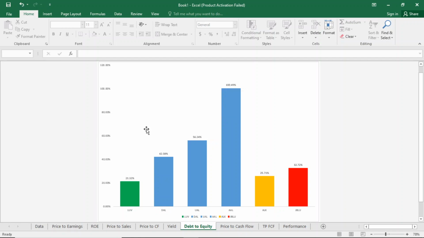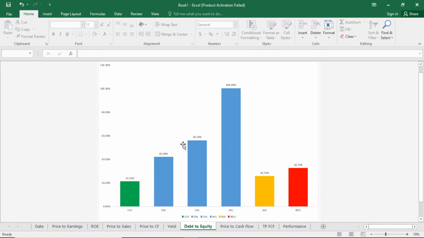If anyone's going to buy it, as a buyer, you have to see how much debt is on the balance sheet, because more often than not, the buyer is going to assume the debt, right? So when it comes to debt to equity, the least amount of debt is on Southwest, then it's on Alaska, and then it's on JetBlue.